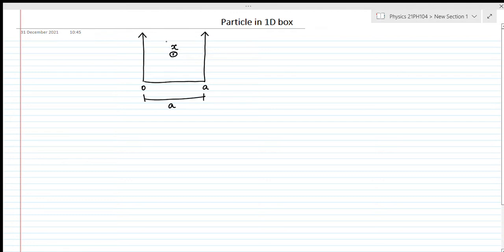Here inside the box, I am taking the inside of the box as region 1. The potential energy of the particle is 0. And region 2 is outside the box.